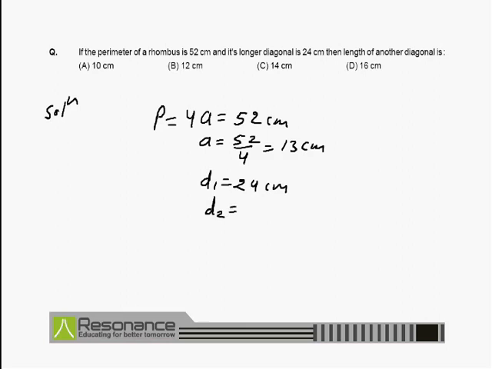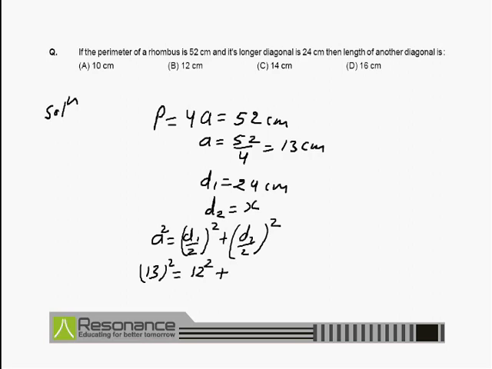The other diagonal, let's say D2, is X. So we know that A square equals D1 by 2 the whole square plus D2 by 2 the whole square. The value of A is 13, and the value of D1 is 24, so 24 divided by 2 is 12. 13 square equals 12 square plus X by 2 the whole square.